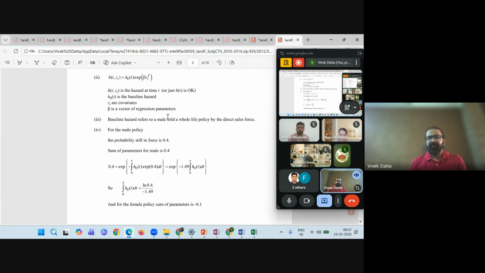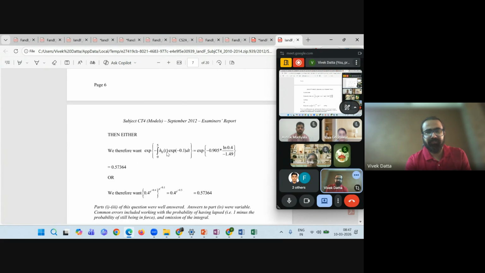These are my two equations. So with this, I will find an equation.